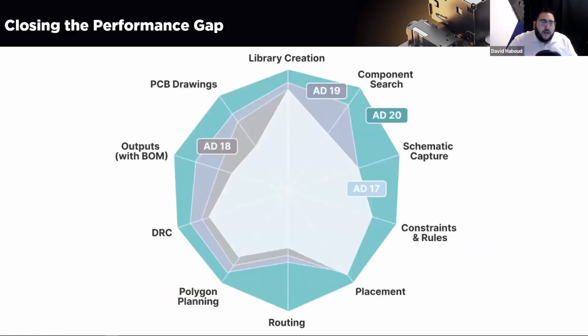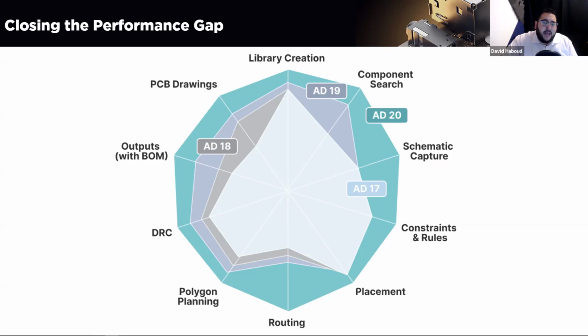So when we talk about closing the performance gap, with each release, we've been focusing on one or two key functionality groups, right? The core of PCB design, we've made really big strides. You could see this graph shows the order of magnitude of the changes, right? The actual scope of the changes in each release.